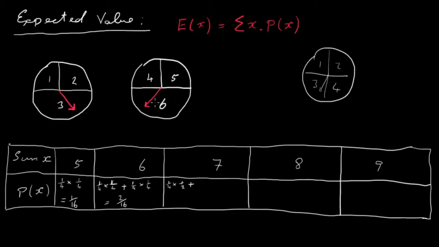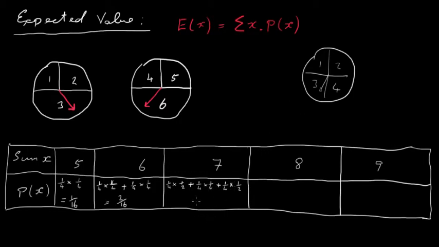Or the next way we can do it is a 5 and a 2. So that's a quarter times a quarter again. Or we can go 4 and 3. So 4 is a quarter, and the 3 there is a half. So we have to multiply this out, multiply this out, multiply this out, and add those three fractions.